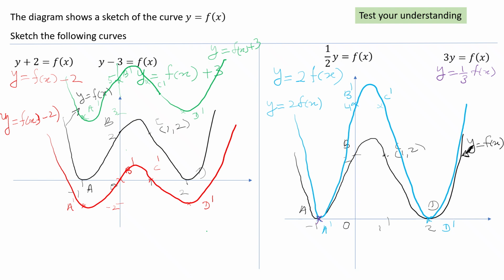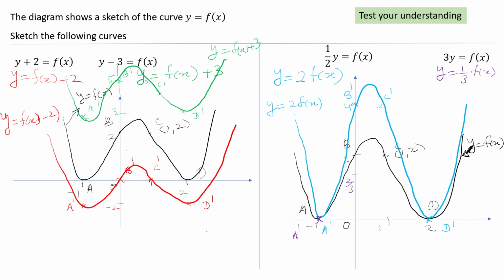This is new A dash. Point B, the y coordinate is 2, so 2/3 is going to be here.